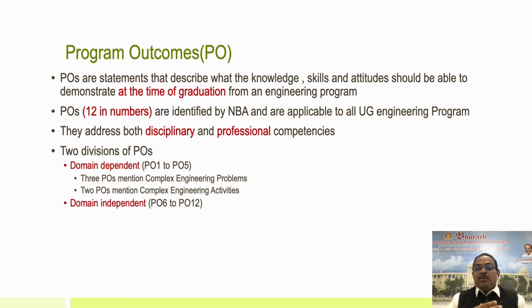In these POs, PO1 to PO5 are domain dependent, and PO6 to PO12 are domain independent. In domain dependent outcomes, 3 POs deal with complex engineering problems and 2 POs are mentioned for complex engineering activity.